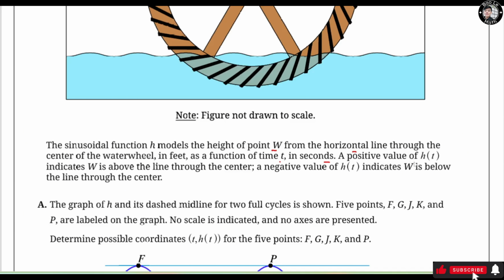A positive value of h of t indicates W is above the line through the center. A negative value of h of t indicates W is below the line through the center.